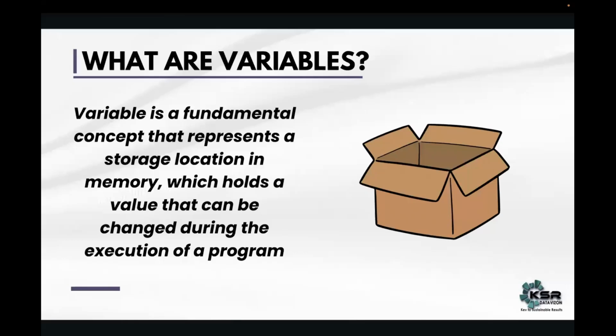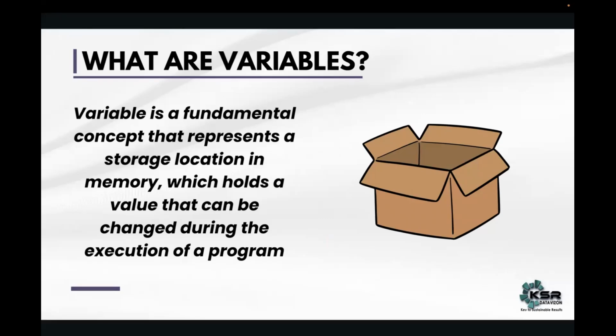All those things are stored in variables. From the definition, a variable is a fundamental concept that represents a storage location in memory. That storage location is the variable, and it will hold some value, some data.